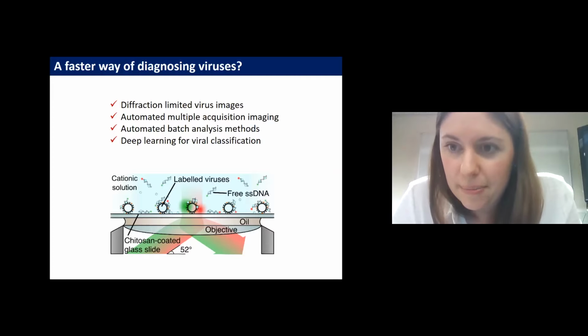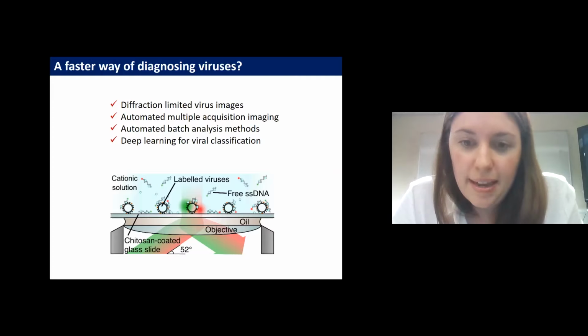We're going to take multiple images really quickly in an automated fashion using multiple acquisition capability of our microscope. We're going to have batch analysis methods that are, again, automated and extremely fast. And finally, we're going to use deep learning to classify the images of virus particles that we see.